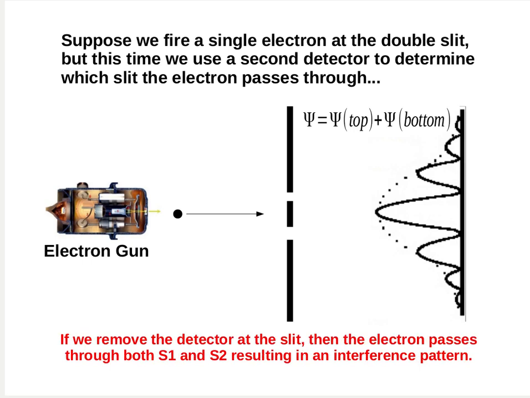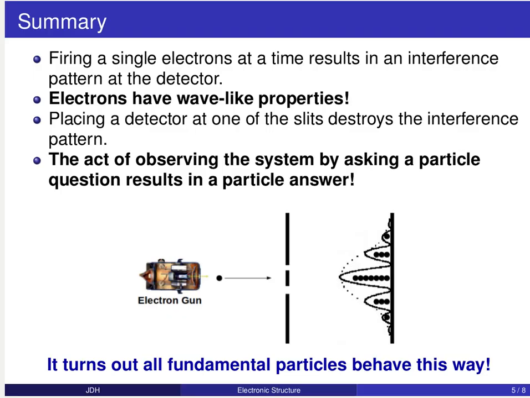And if we remove that detector, then we're no longer forcing a choice, and so as a result, this electron behaves as a wave, and that wave interferes with itself and causes an interference pattern that we observed initially.